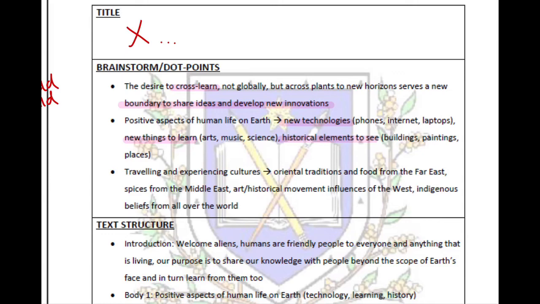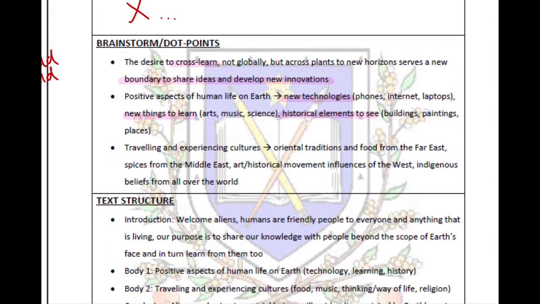Historical elements, you can see the evolution of human beings and the modernization of the world, what it has brought to us in terms of infrastructure, as well as in relation to technology, and how it has created a better lifestyle for everybody on Earth, and how we want to actually invite aliens to experience those changes and developments throughout time. So that is something else you can think about when talking about a positive aspect of human life.